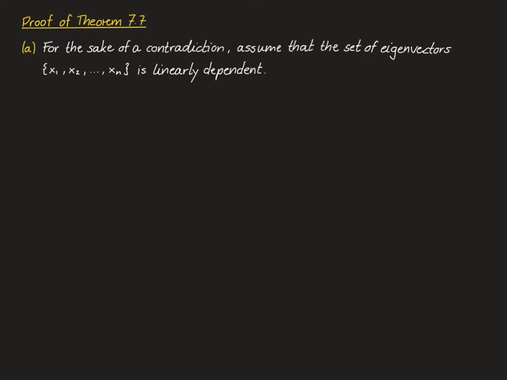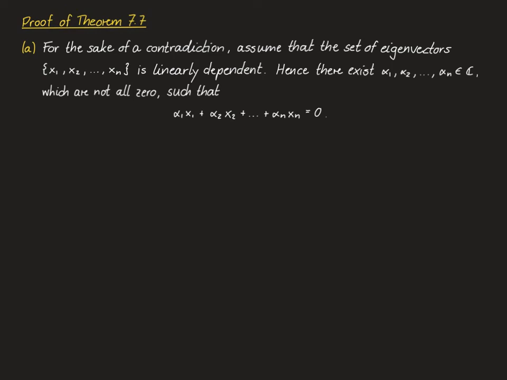Now let's look at the proof of theorem 7.7, beginning with part A. For the sake of a contradiction, here we assume that the set of eigenvectors x1 through xn is linearly dependent. By definition, this means that there exists a set of scalars alpha 1 through alpha n, which are not all zero, such that the linear combination alpha 1 x1 plus alpha 2 x2 plus and so on up to alpha n xn equals 0.